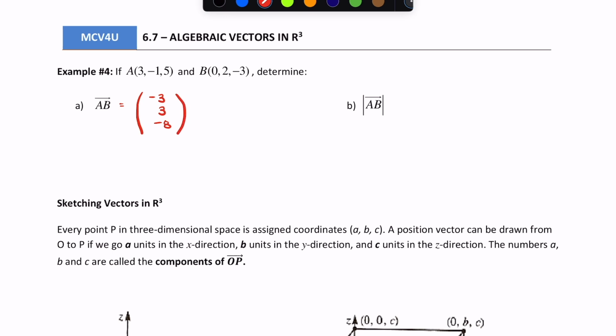And so then the magnitude is equal to square root of our components, so -3 squared plus 3 squared plus -8 squared. So that is equal to 9 plus 9 plus 64, which is equal to square root 82.